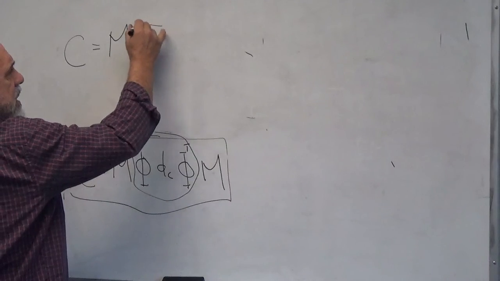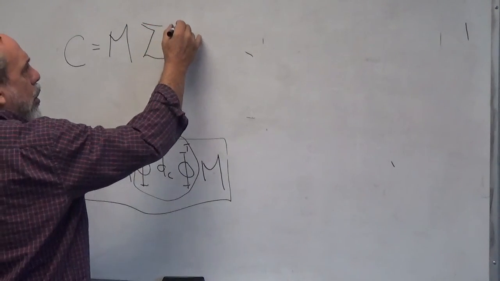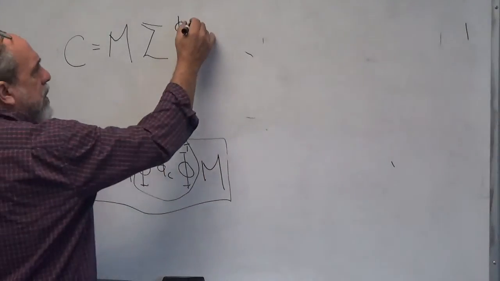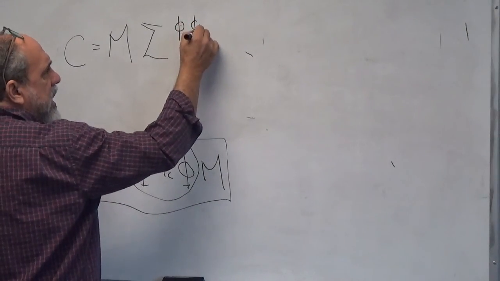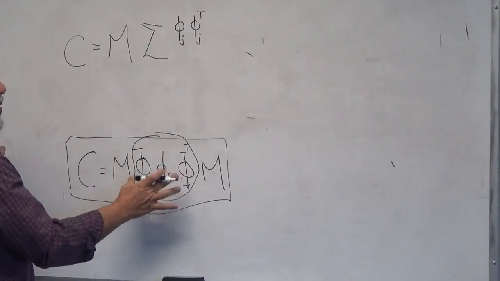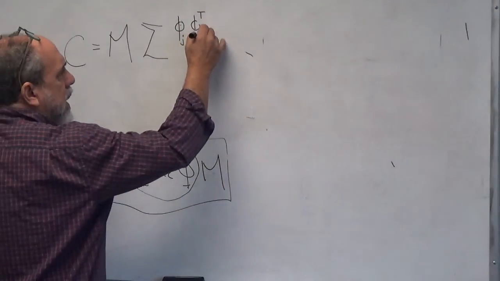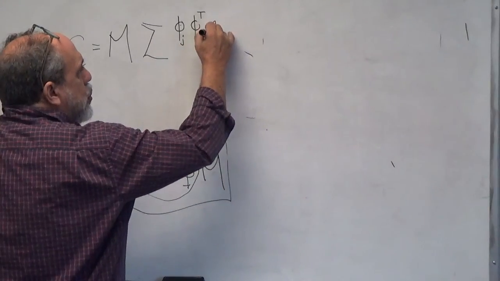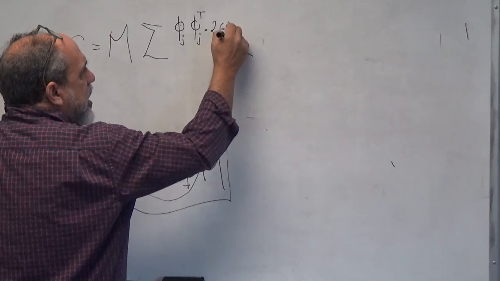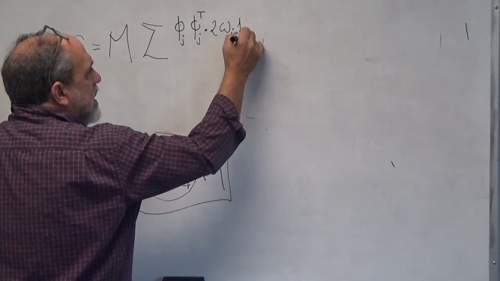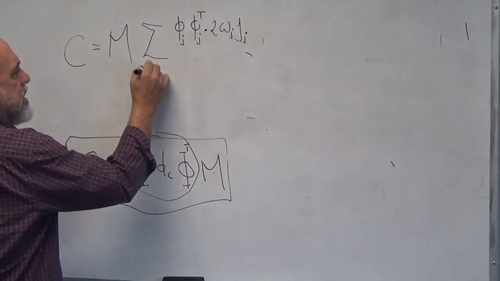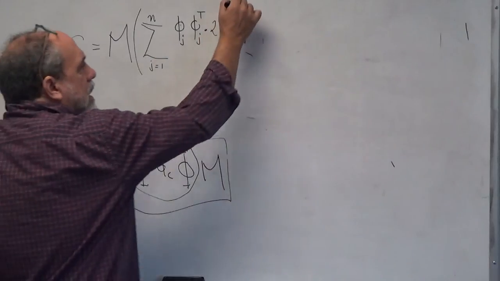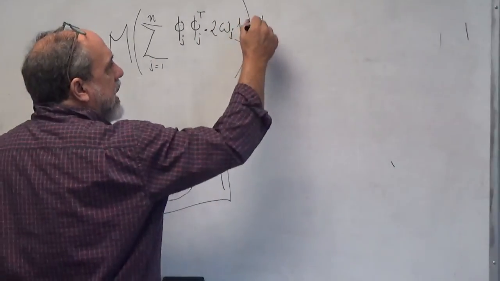So you can say here that you have a summation of phi j multiplied times phi j transpose, that gives you a rank 1, multiplied times DC, which is 2 omega j times the damping j, right? And this is from j equals 1 to the number of modes, then times m again.